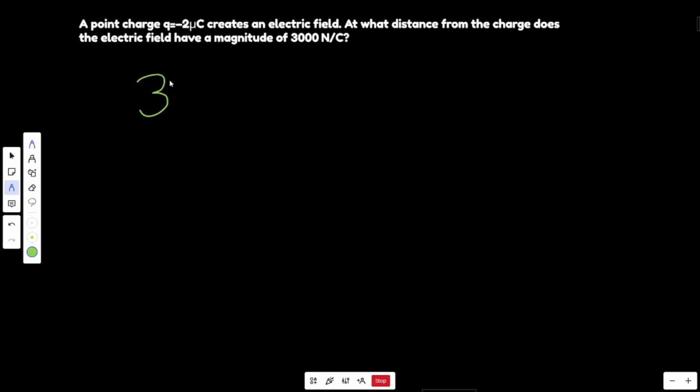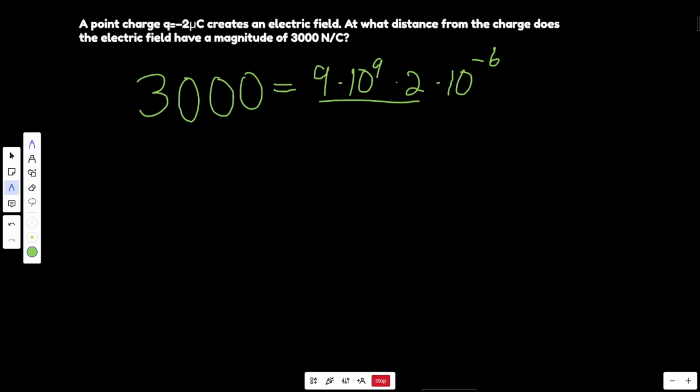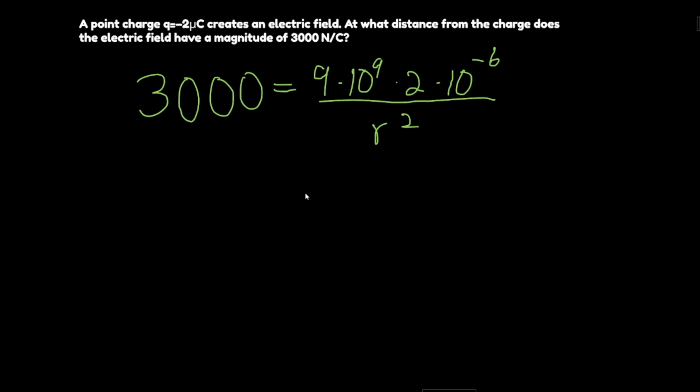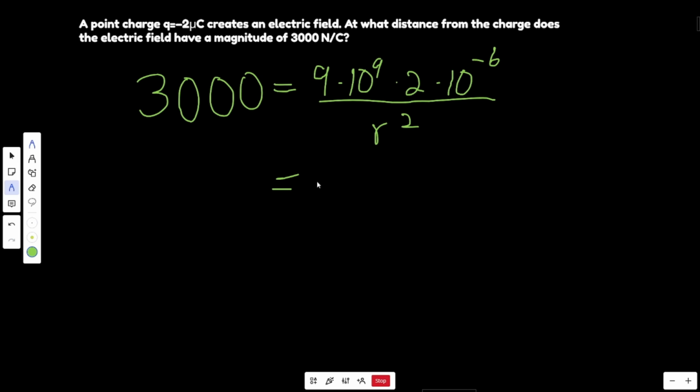Our E, which is 3000, is now equal to 9 times 10 to the power of 9 times 2 times 10 to the power of negative 6 over r squared. This is when we need a little bit of derivation. So, first thing we're going to do is bring this r squared here, multiply both sides by r squared.